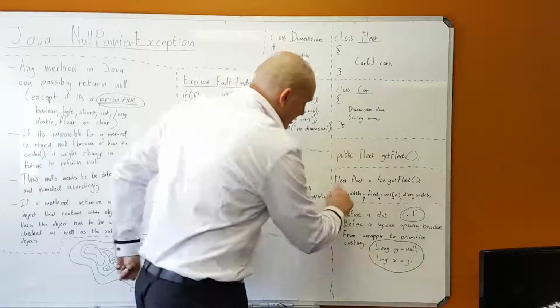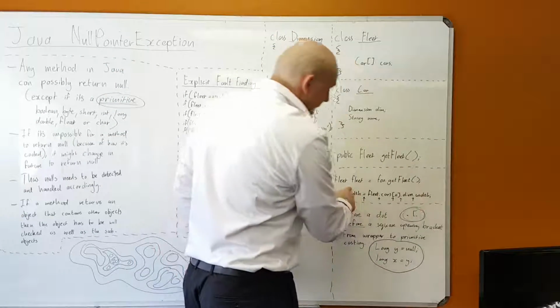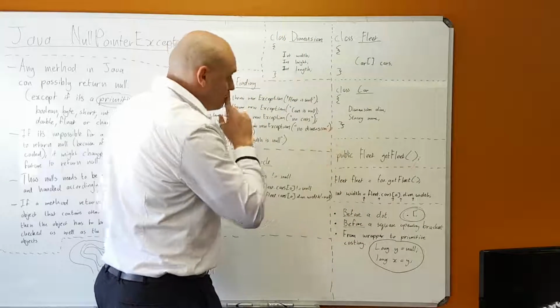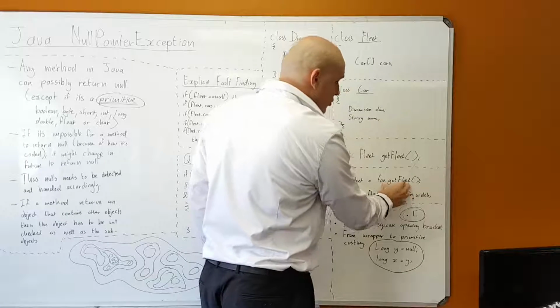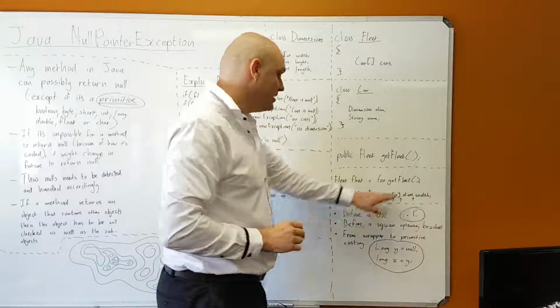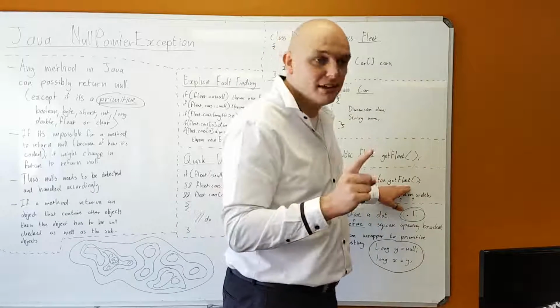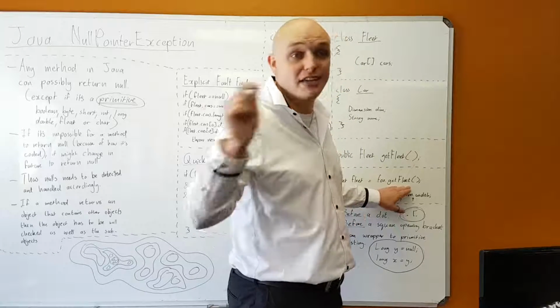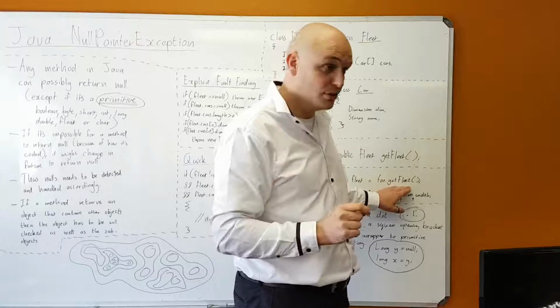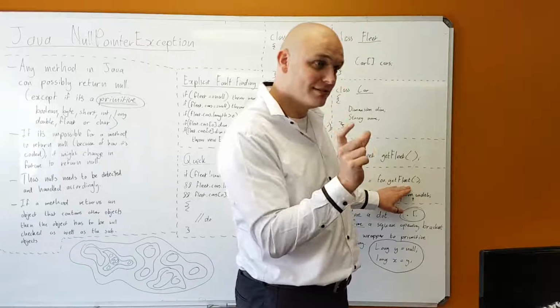So if you say this, this thing will return an object. But this thing doesn't actually return the data. It only returns an address of the data where it's stored, those 8 bytes.